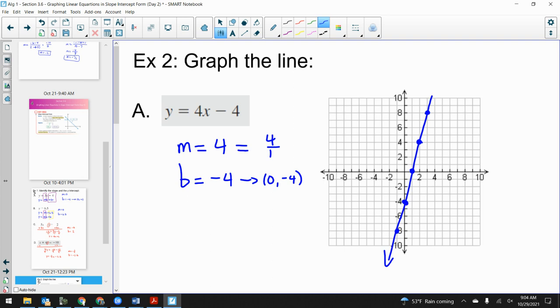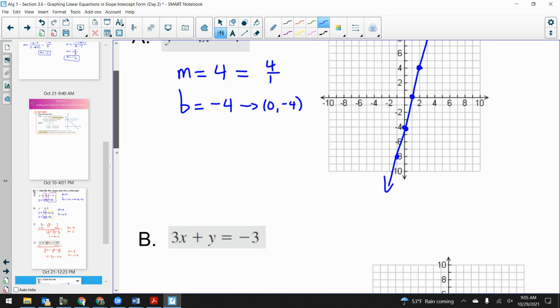That still generates the same slope for me. Questions about that? Okay, so when it's given to us in slope-intercept form, it's pretty easy to graph the line. Use the b value, use the y-intercept, use the slope to generate more points.